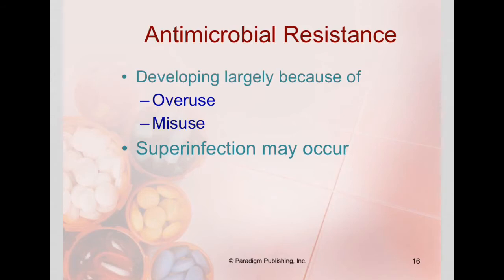So people are getting them when they don't need them, and doctors will sometimes just prescribe them to get them out of there. Superinfections can occur because of the resistance. Your discussion's going to be on this, so I don't really want to go too far into it. I want you to research it and kind of look it up yourself.